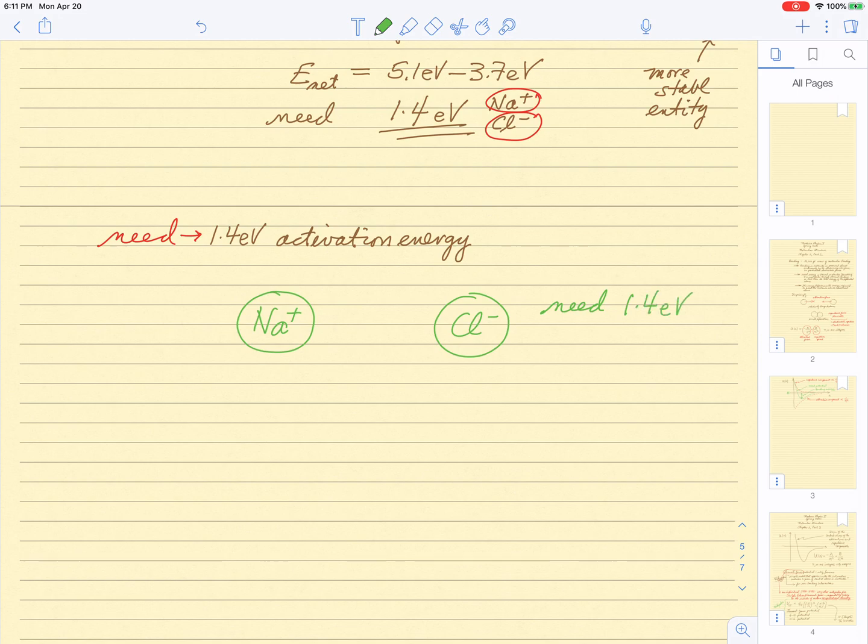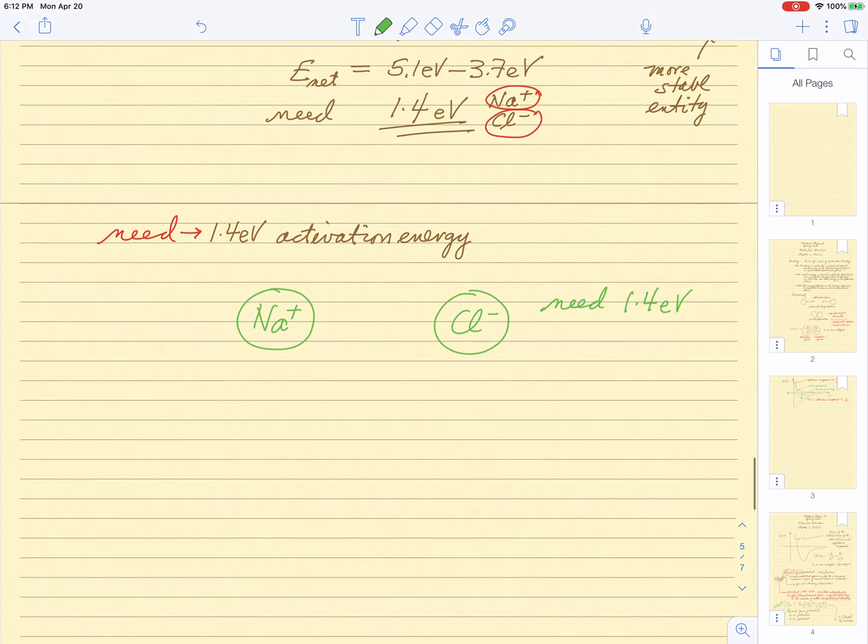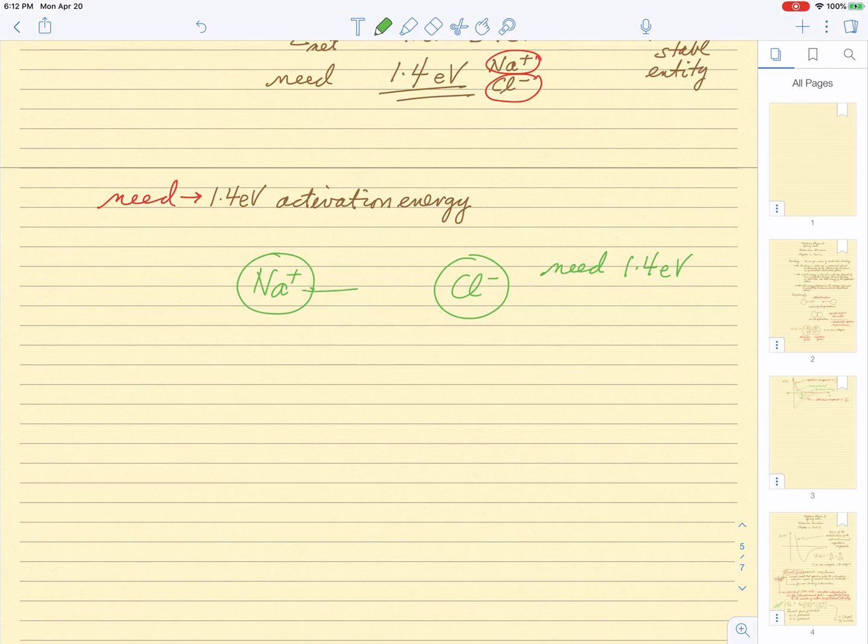But once these are formed, there's going to be an electrostatic attraction, and that energy is going to be much greater than this 1.4 electron volts.